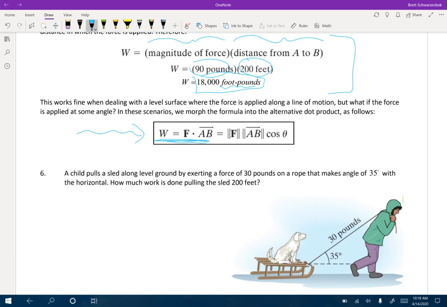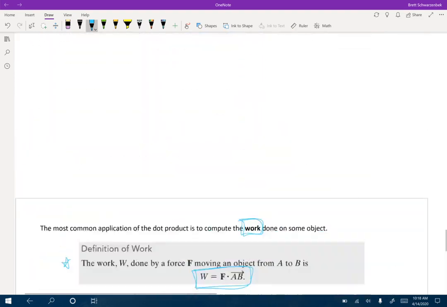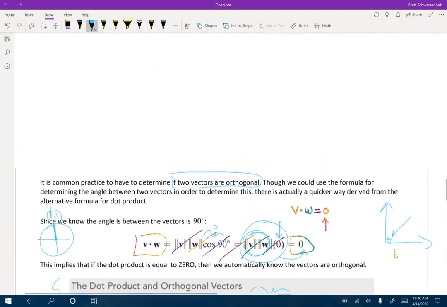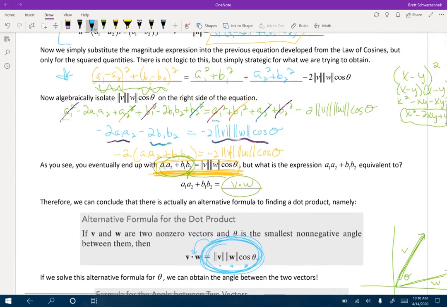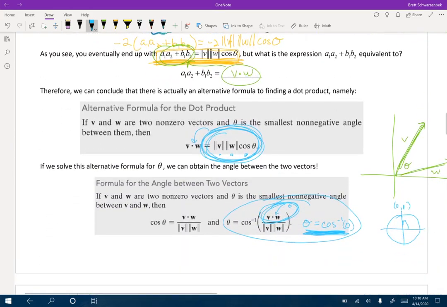In reality, we treat these two values as vectors, so v dot w. I'm going to do some traveling here, so I'll go slow, not to make anybody nauseous. If we go all the way back to this alternate formula, look what we got.